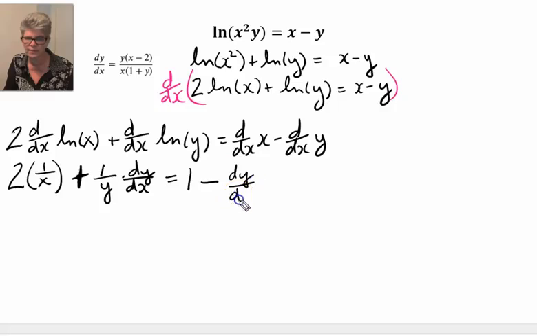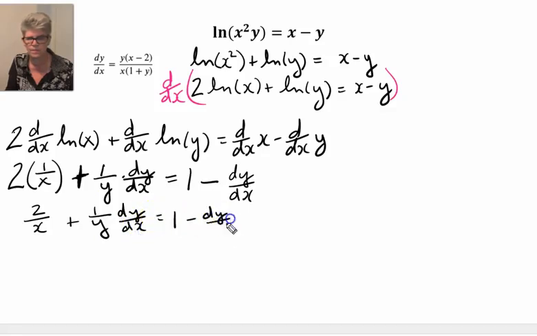And I'll just write it like that. Okay, so okay, now it's algebra. Get everything with the dy/dx in it on the left-hand side.